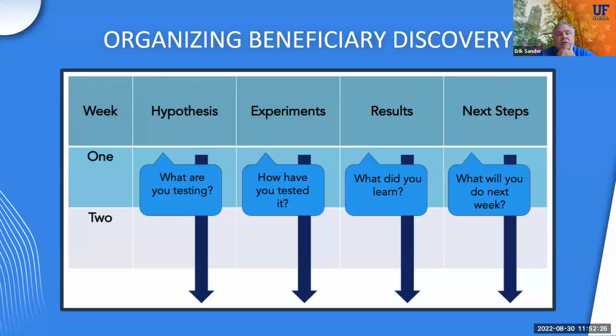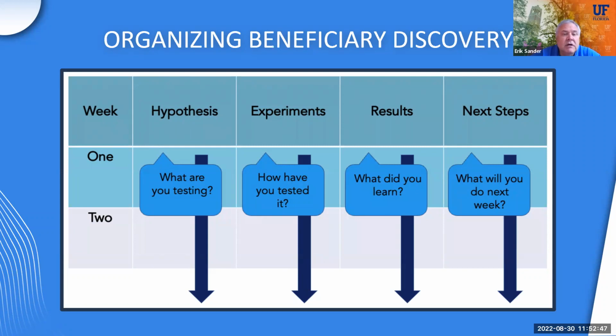Okay, so last slide. You think more broadly about beneficiary discovery, the organization of all the beneficiary discovery you're going to do as you go through the weeks. Essentially, for yourself, you're trying to answer 4 basic questions.